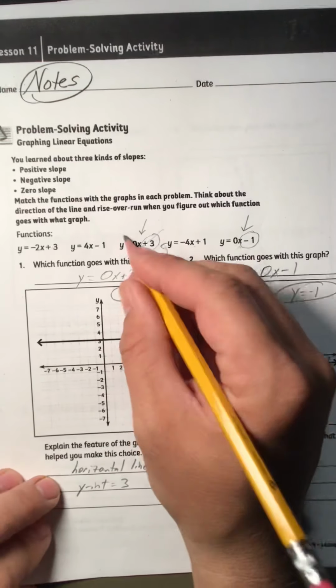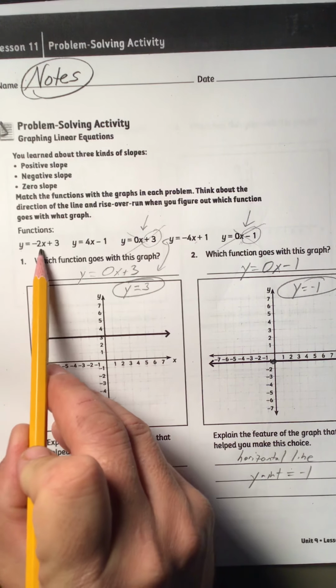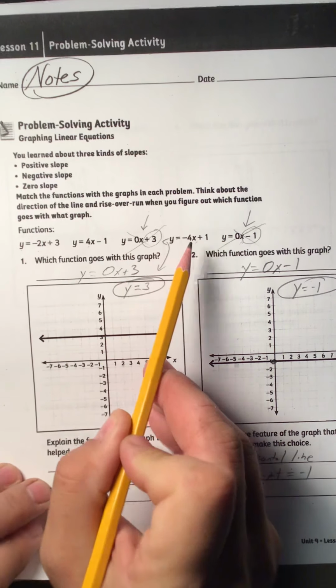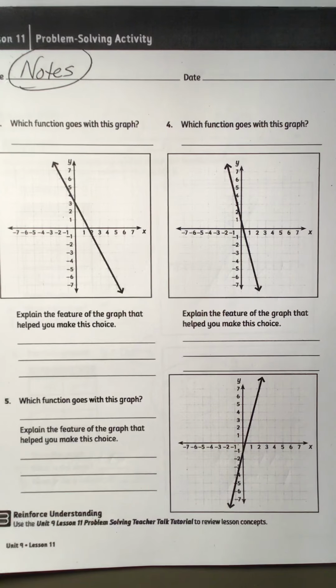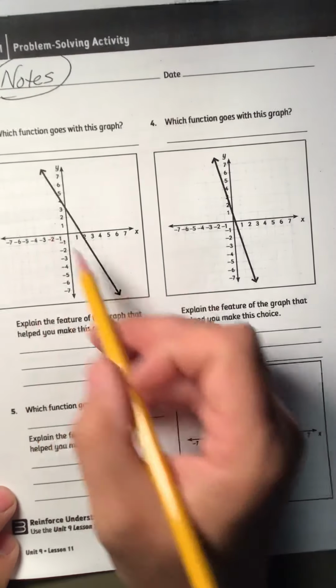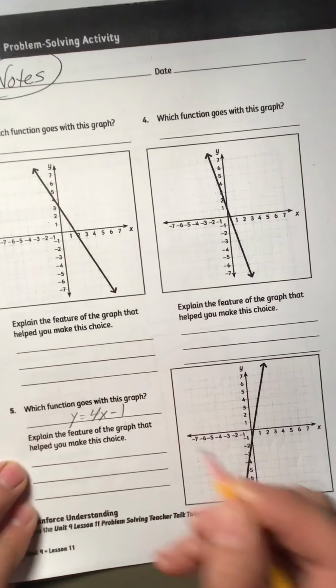So that means I have 3 lines left. Notice the slopes. This one's negative, positive, negative. So on these 3, which one has a positive slope? And that would be this one. It's going uphill. These 2 are going downhill. So this is y equals 4x minus 1.